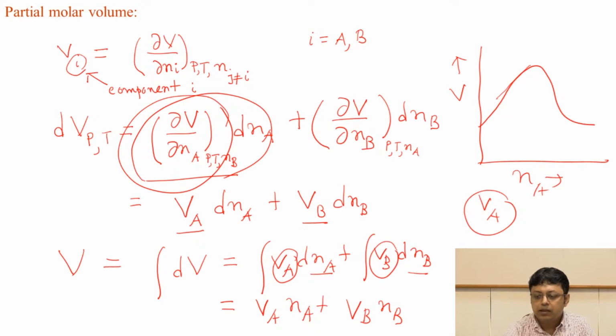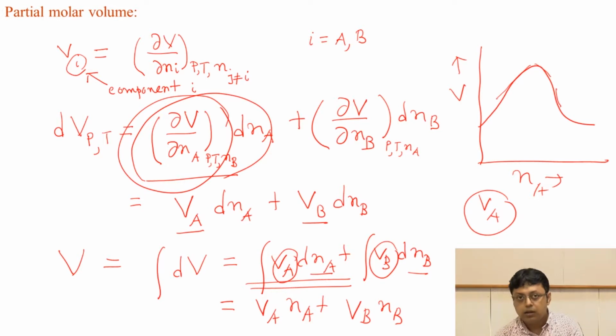That slope is actually changing, so the approximation that Va is constant is not a correct approximation. All we are saying is that within a small range, maybe we can assume that the slope does not change.